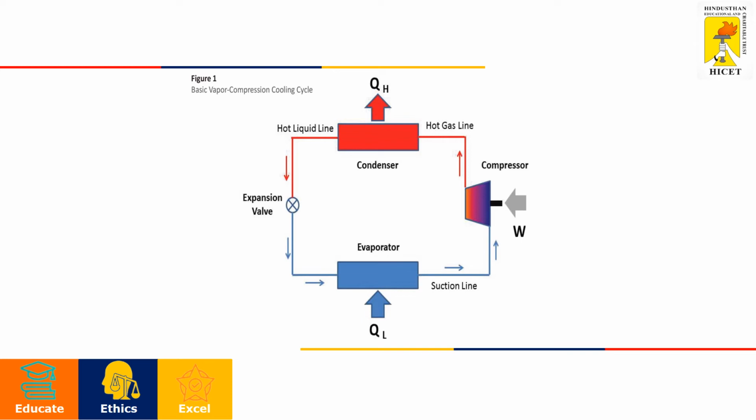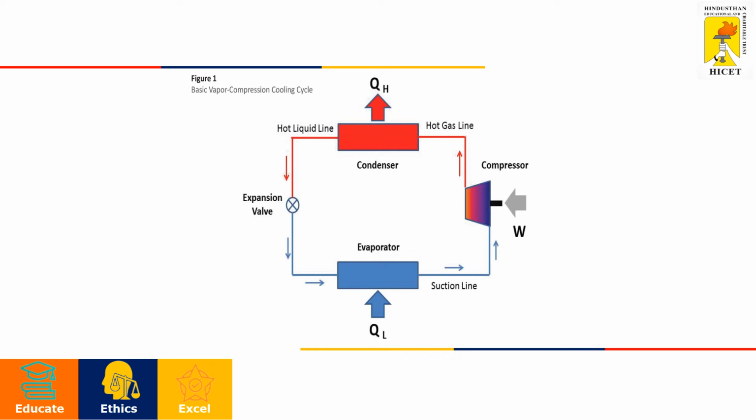They use hydrofluorocarbons, that is R134A, ammonia R717, R744 CO2 and R410A. But for household purposes we normally use R22 as the refrigerant. There are different types of refrigerant.